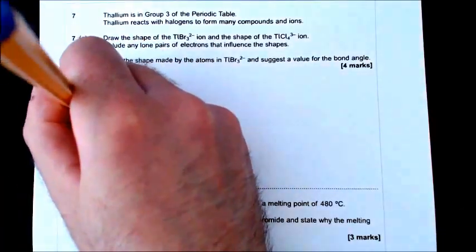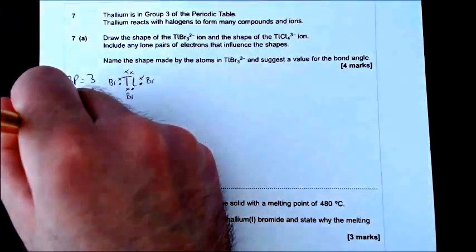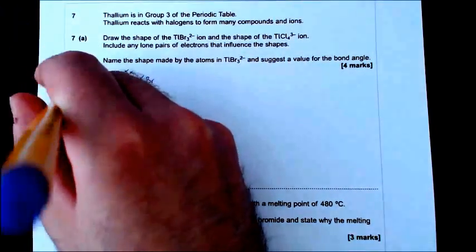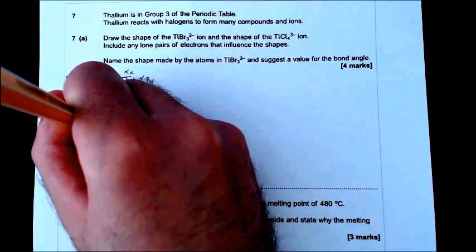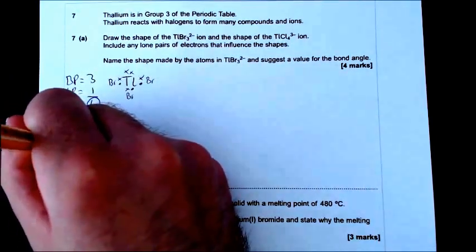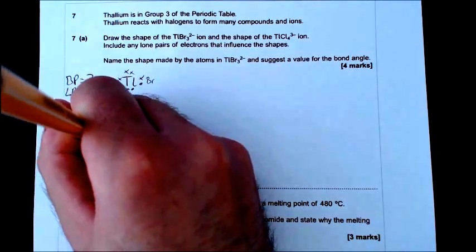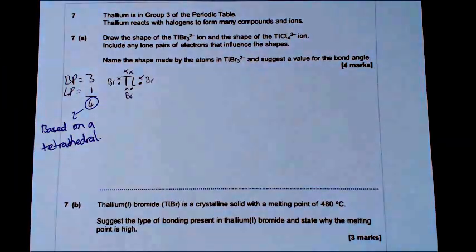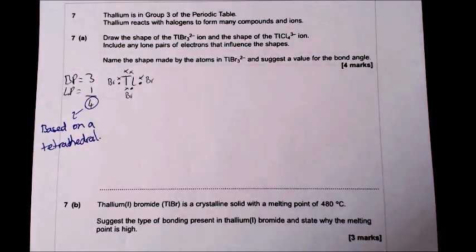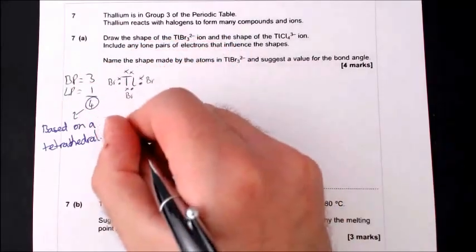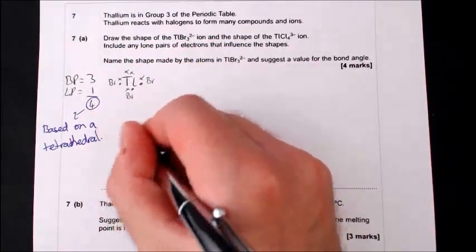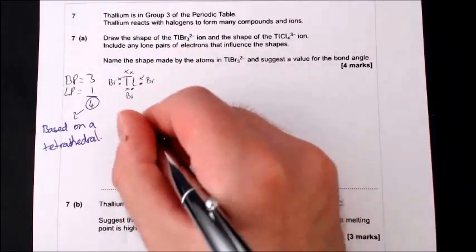So because this has 4 here, I can say that our shape is based on a tetrahedral. Okay, so that's really important because it allows us to come up with our shape. Now, because it's based on a tetrahedral and we have a lone pair, the angle is going to change, but we'll come on to that in a minute.